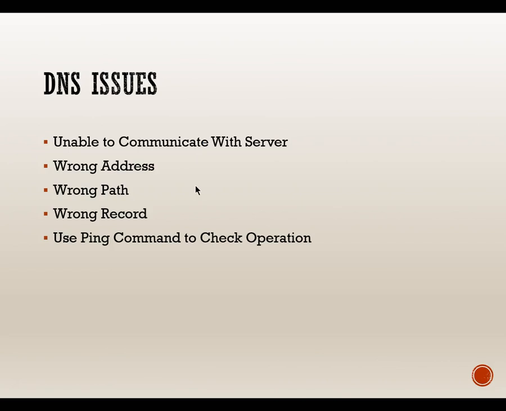So different things, a different look at a DNS server. It is truly hierarchical. It starts with the root and works its way down to the individual station, individual host.